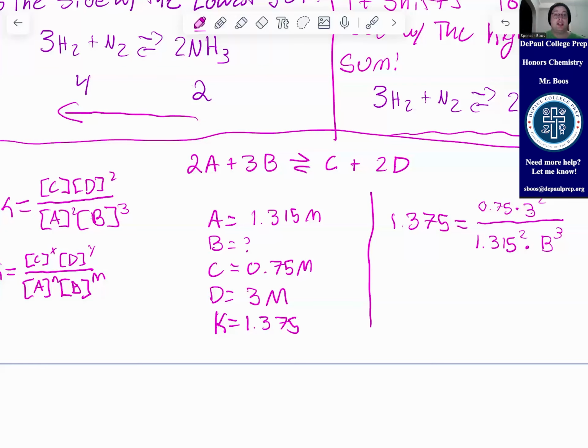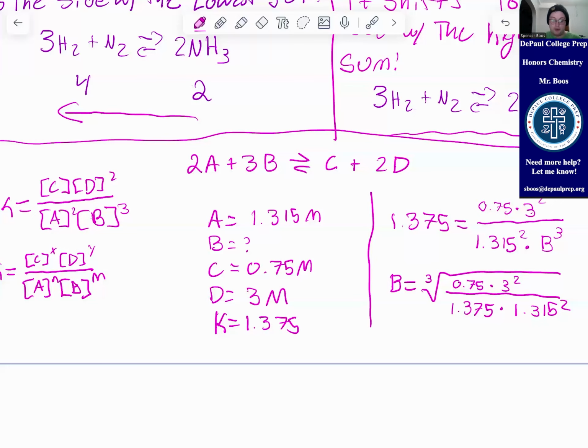Rather than showing that entire process, it has been shown on the study guide, so we're going to move to B is equal to the cubed root of 0.75 times 3 squared, over 1.375 times 1.315 squared. I put that in my calculator.